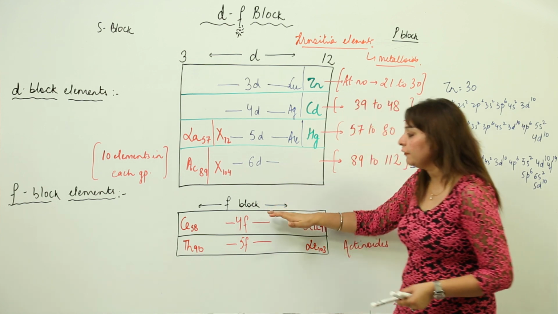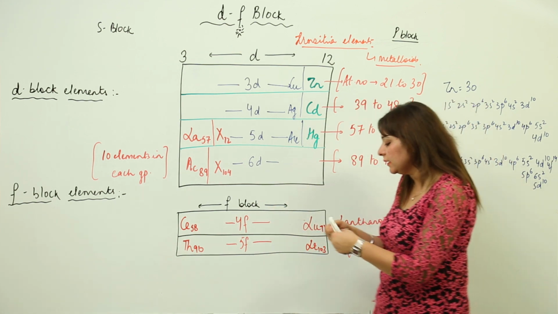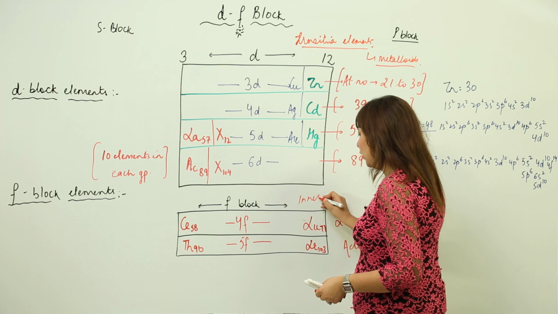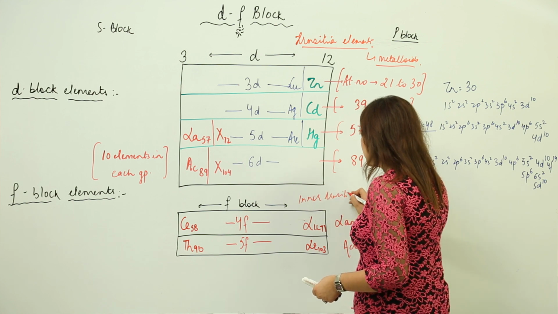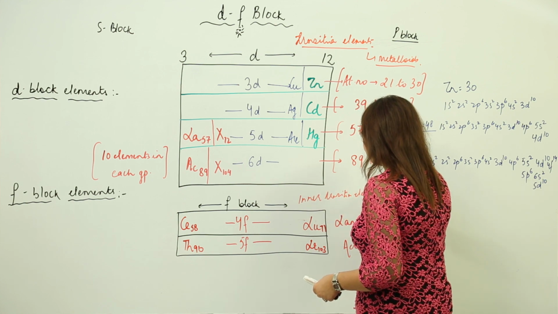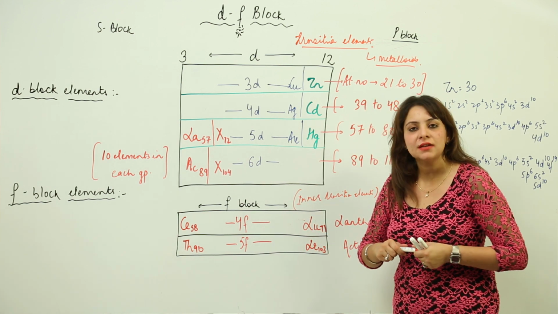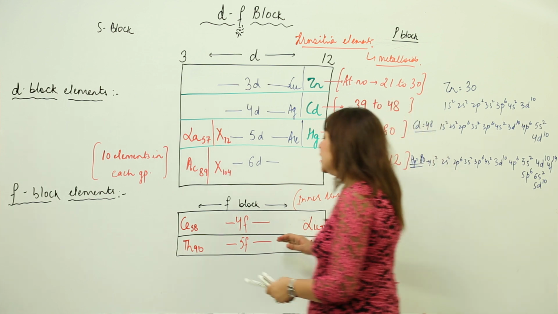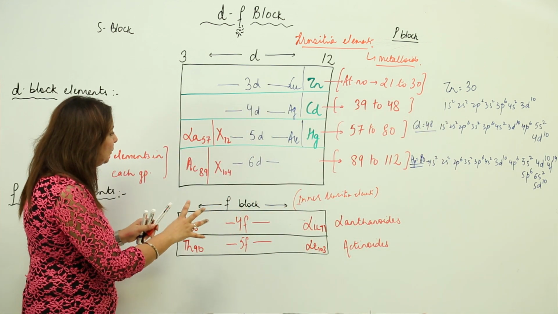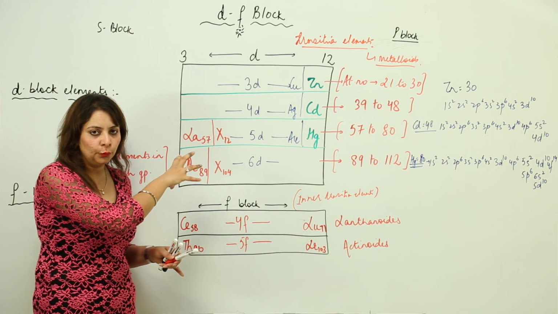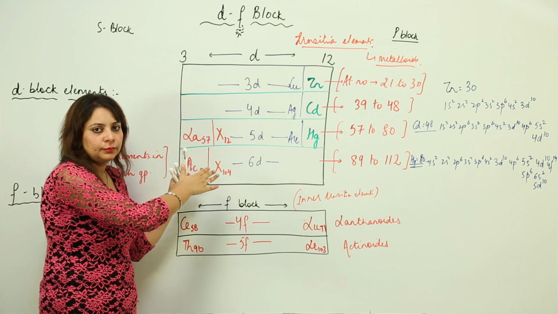And the F block elements are called inner transition elements. The reason behind this name is that the F block is actually present within this transition element group, in this block.